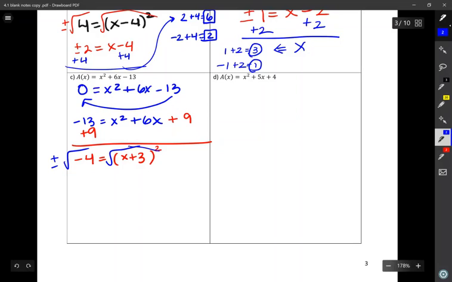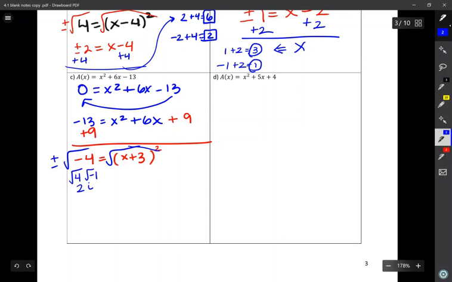Okay, this cancels. What is the square root of negative 4? Well, before you guys weren't able to do it. Now you actually can. The square root of negative 4 is 2i. So that's the square root of 4, the square root of negative 1.